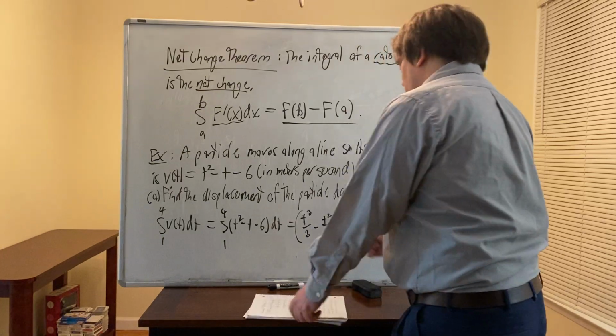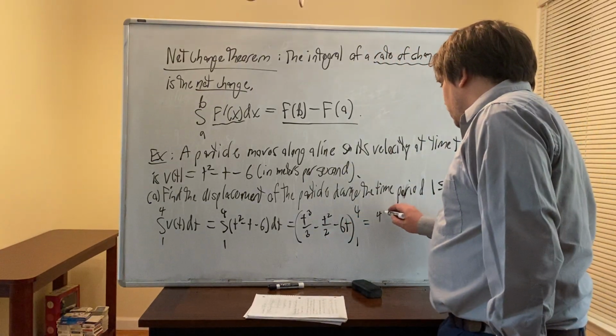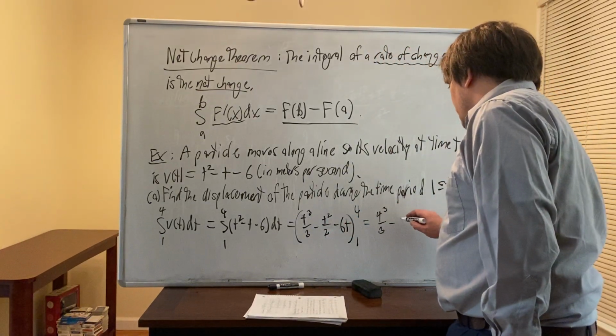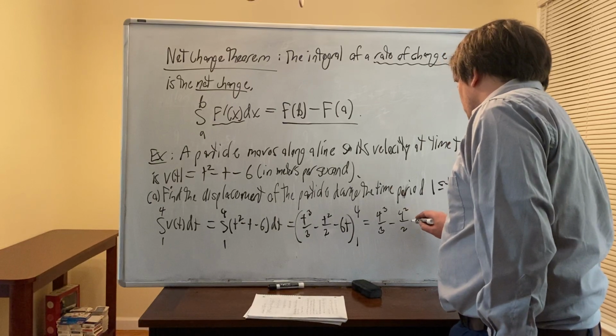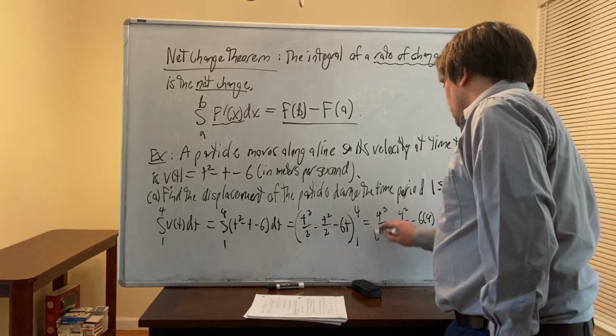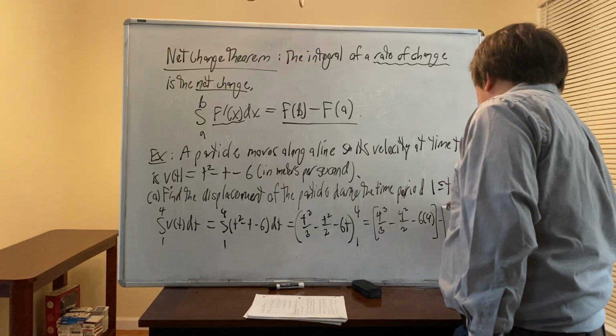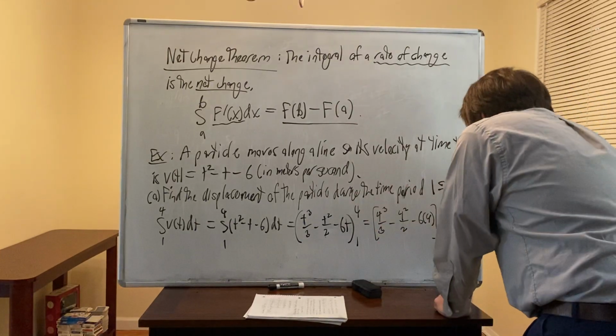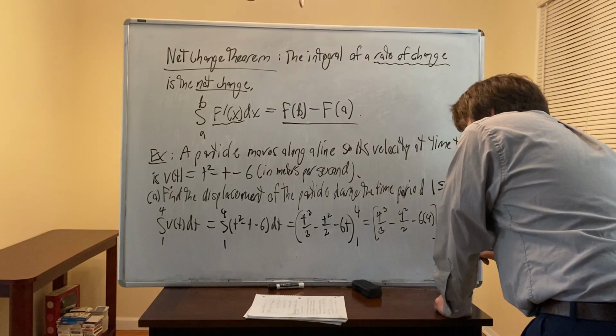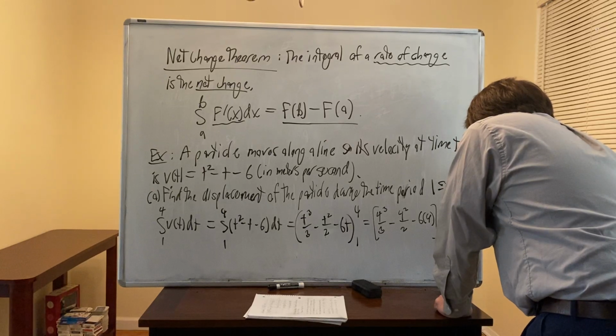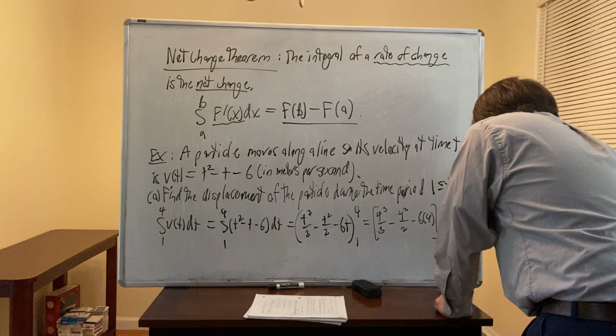And so that's equal to, plugging in 4, 4 cubed over 3 minus 4 squared over 2 minus 6 times 4, minus plugging in 1, which is 1 cubed over 3 minus 1 squared over 2 minus 6 times 1.